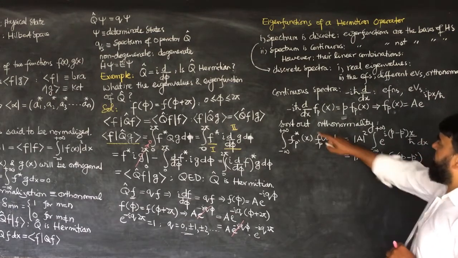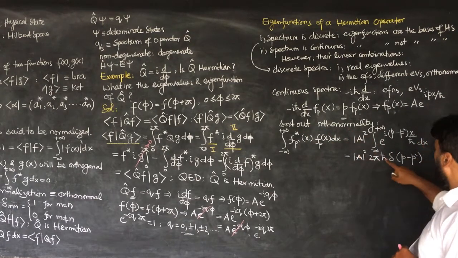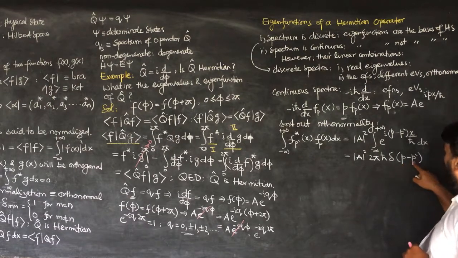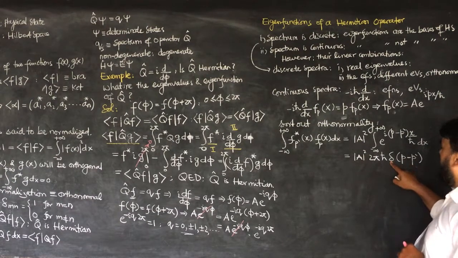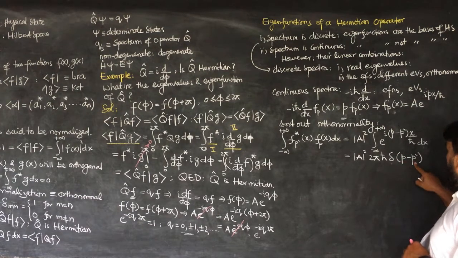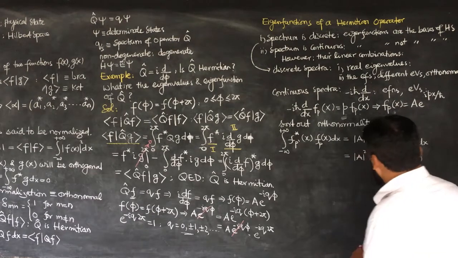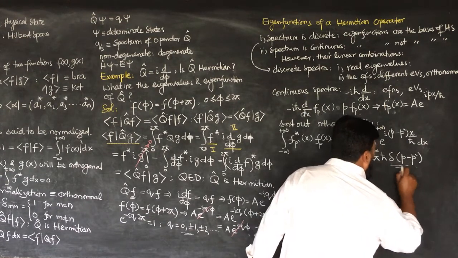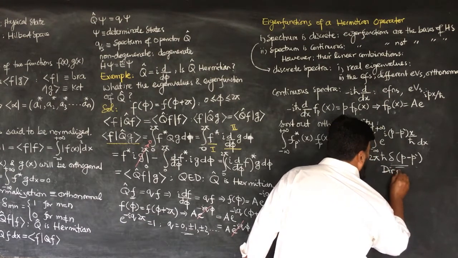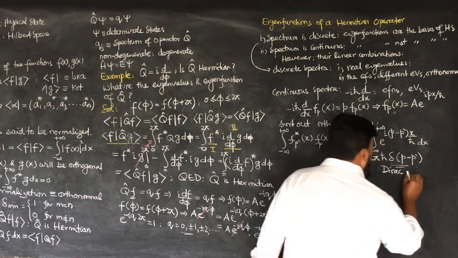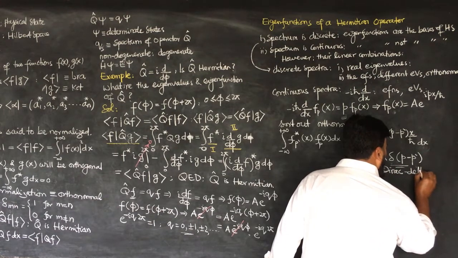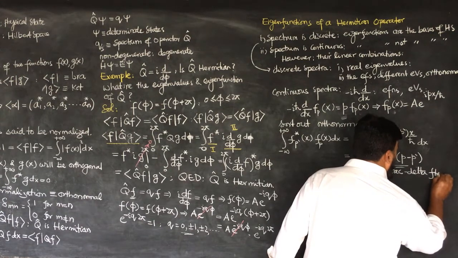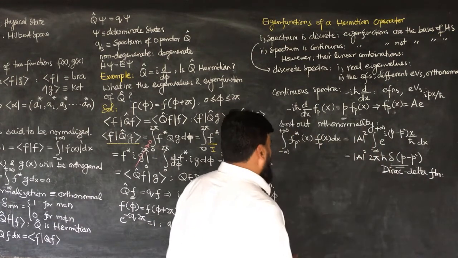So this is sort of an orthonormality condition, because when p is equal to p prime, it will give us a value. Otherwise, if p is not equal to p prime, then this Dirac delta function will be equal to 0. We have done the Dirac delta function already, so I will not go into the details of it.